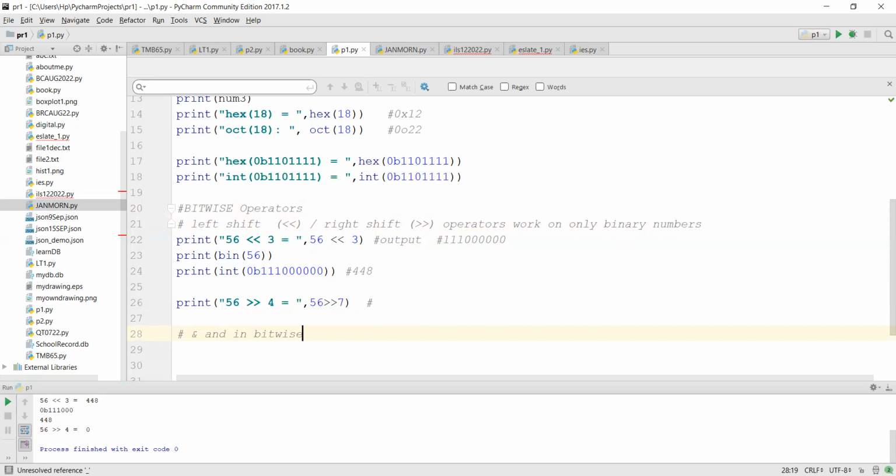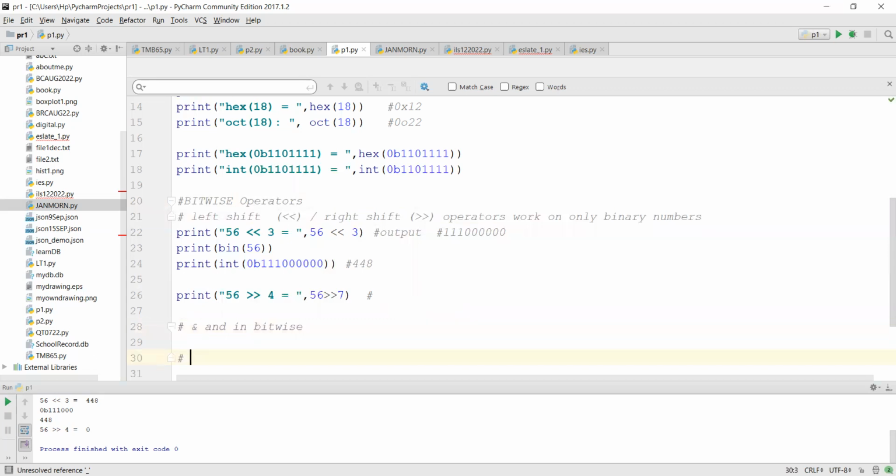Then you have or, which is the pipe. Pipe is the sign just above Enter on your keyboard, a straight line. That's the sign for bitwise or.